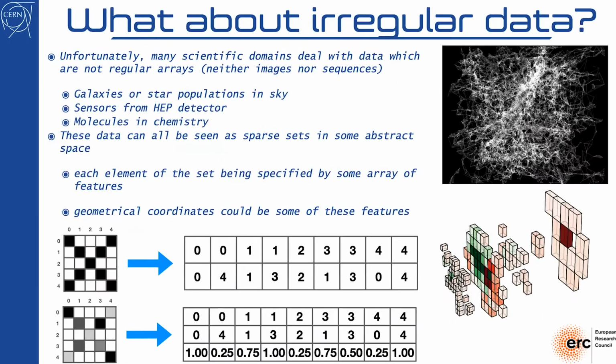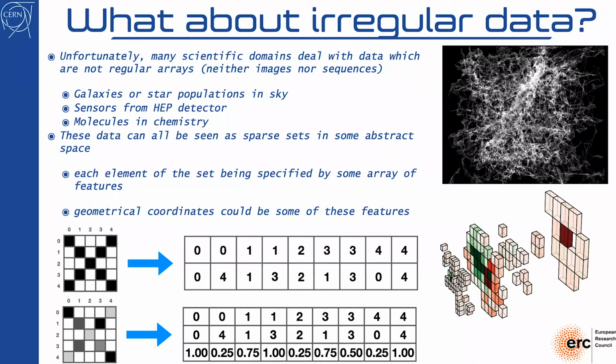Now, what about irregular data? The underlying assumption so far has been that your data are structured in some regular and ordered way, which could be just because you have an array of pixels like in an image, or you have a sequence and so on.